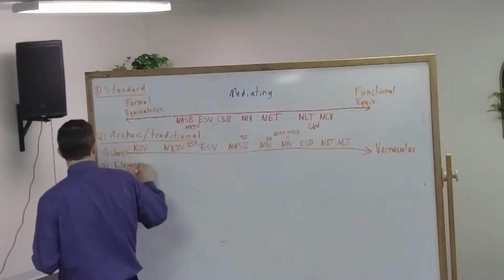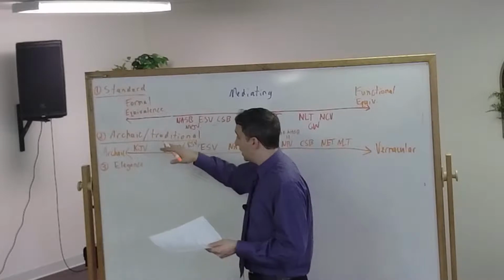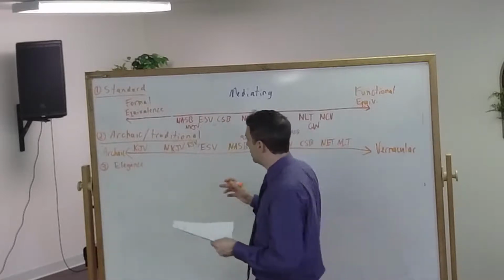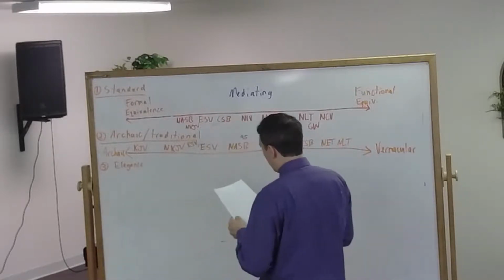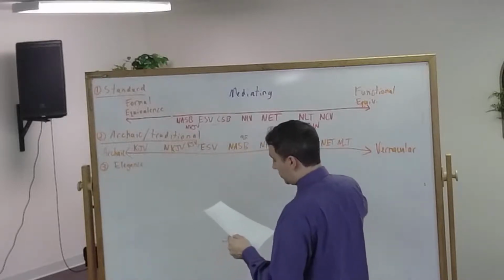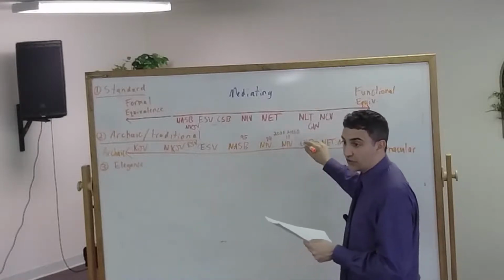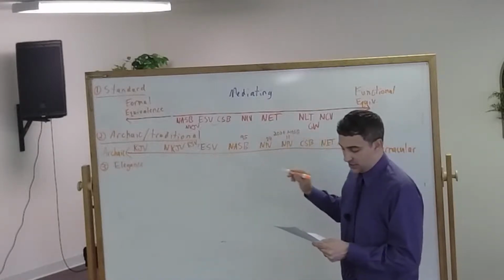Now this is probably more debated than something like archaism, so we can kind of understand, for instance, the use of the word shall. The CSB has no shalls at all. There's not a single use of the word shall in the CSB.